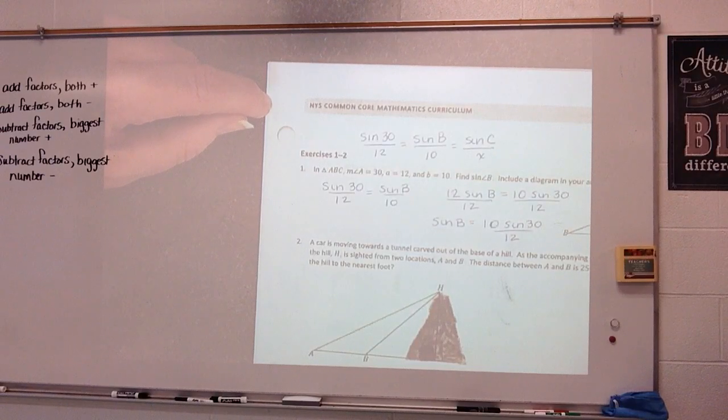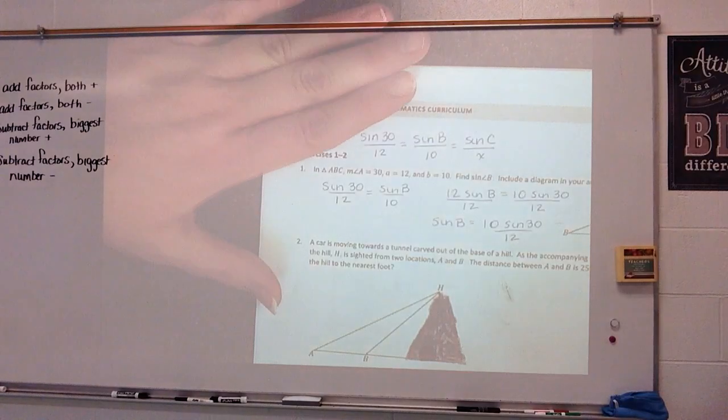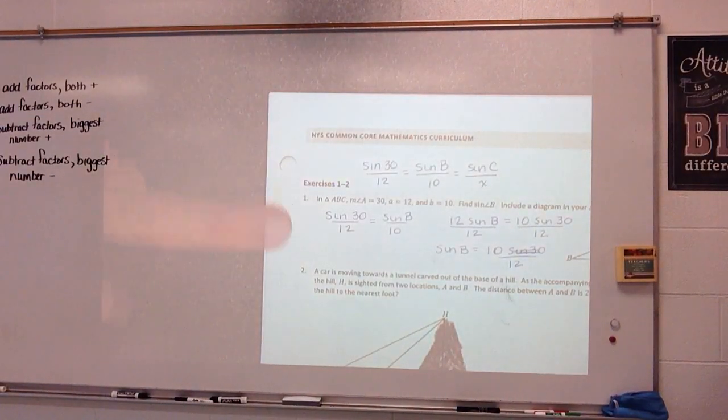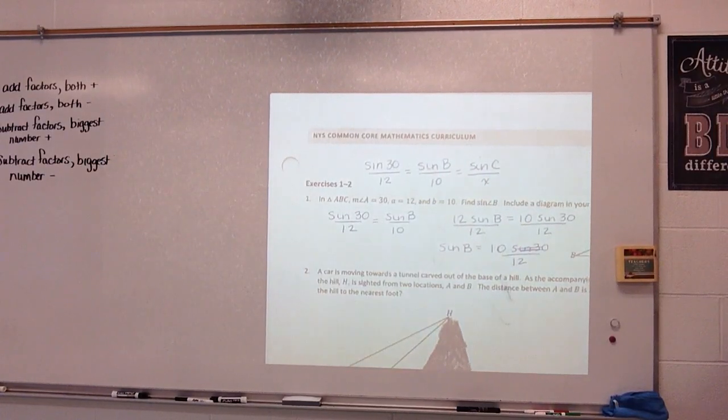If I look at this, the sine of angle B would actually just be this, 10 sine of 30 over 12.